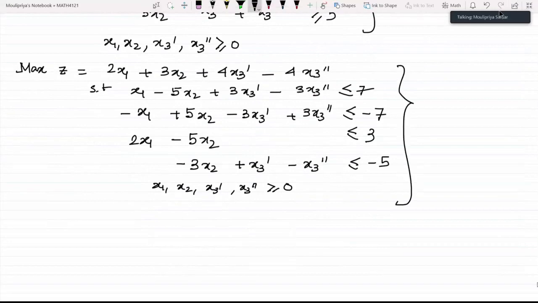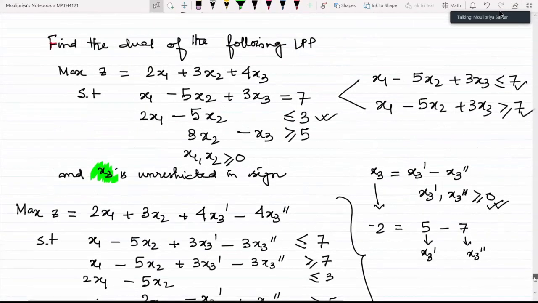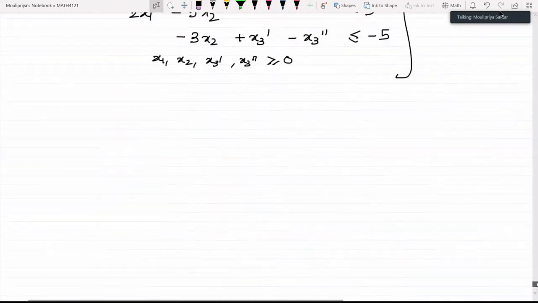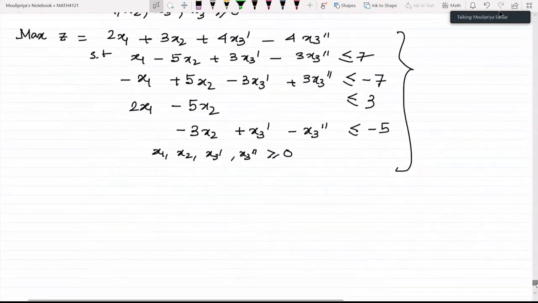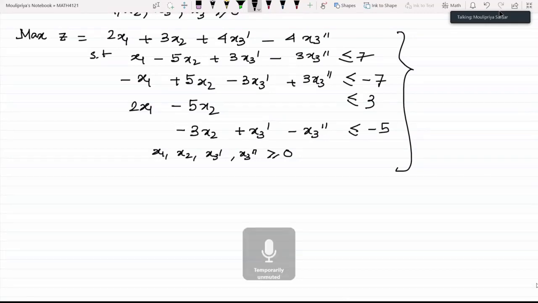Now we would be finding the corresponding dual, because the objective function is maximization type and we have got all constraints as less or equal to type. So tell me, what about the dual of this one? How do we write down the dual?